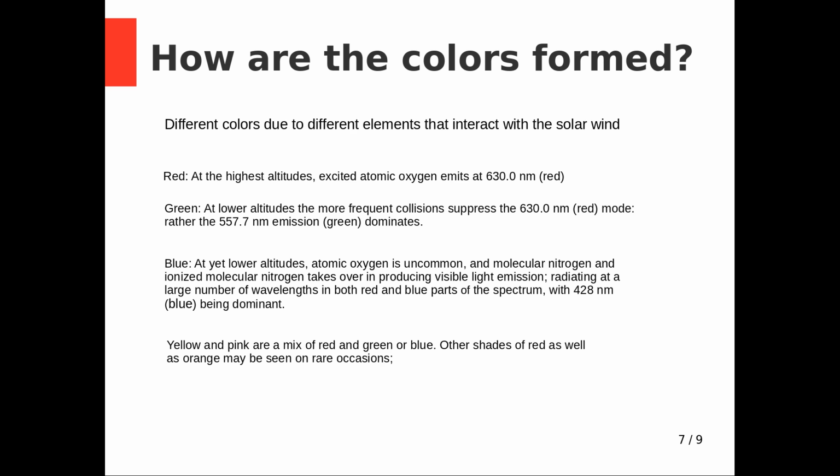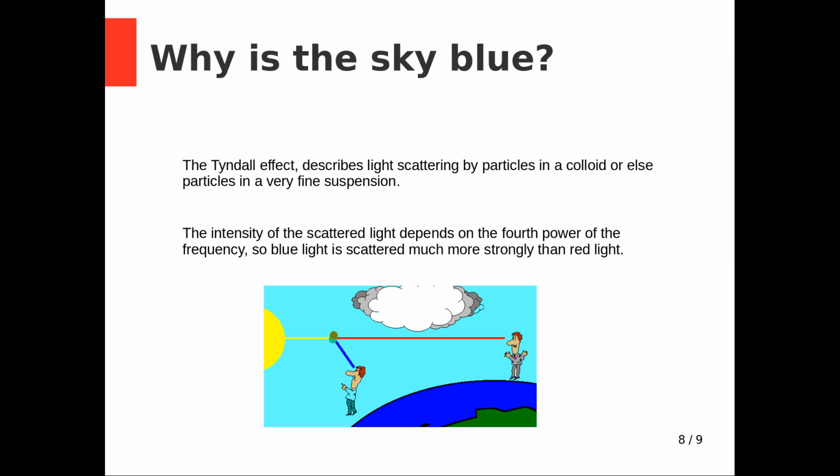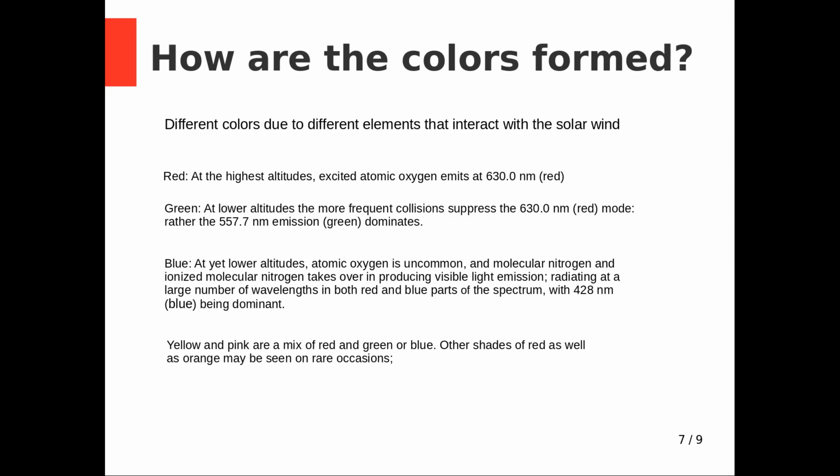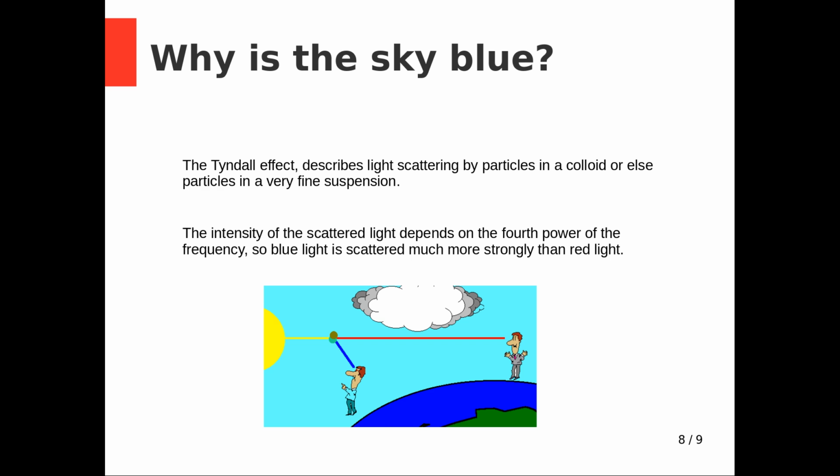Okay. So we have, of course, a similar question that arises from this. It's why is the sky blue? Okay, so it's a similar question to this, and we can answer it using the Tyndall effect. The Tyndall effect describes the scattering of colors when some particles collide with our atmosphere.